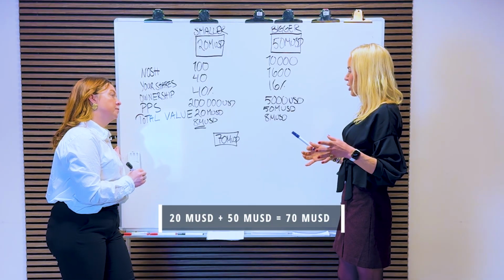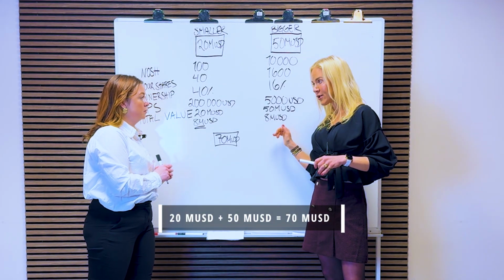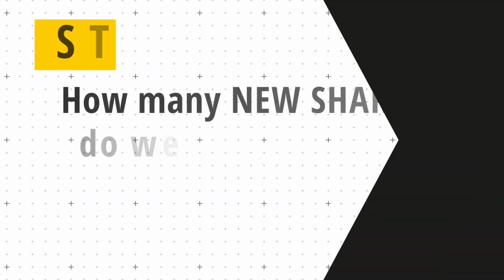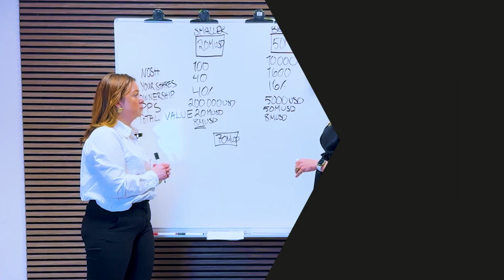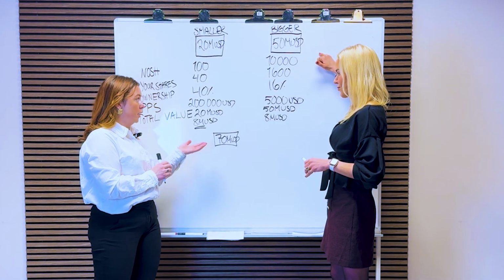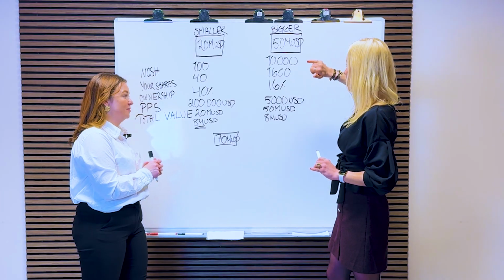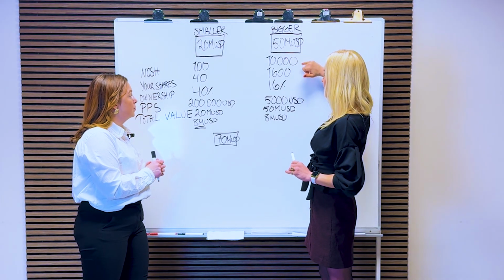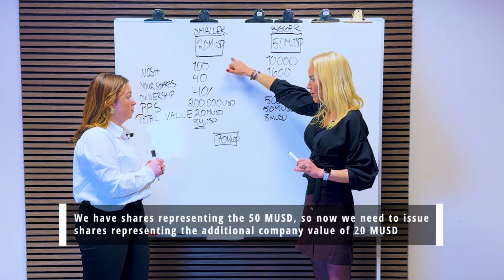And then we want to know, how many new shares do we have to issue in the surviving company, because all of you shareholders in this entity are supposed to be shareholders in this entity. So how do we calculate that? We already have shares representing 50 million, so we need to issue shares representing the additional 20 million.